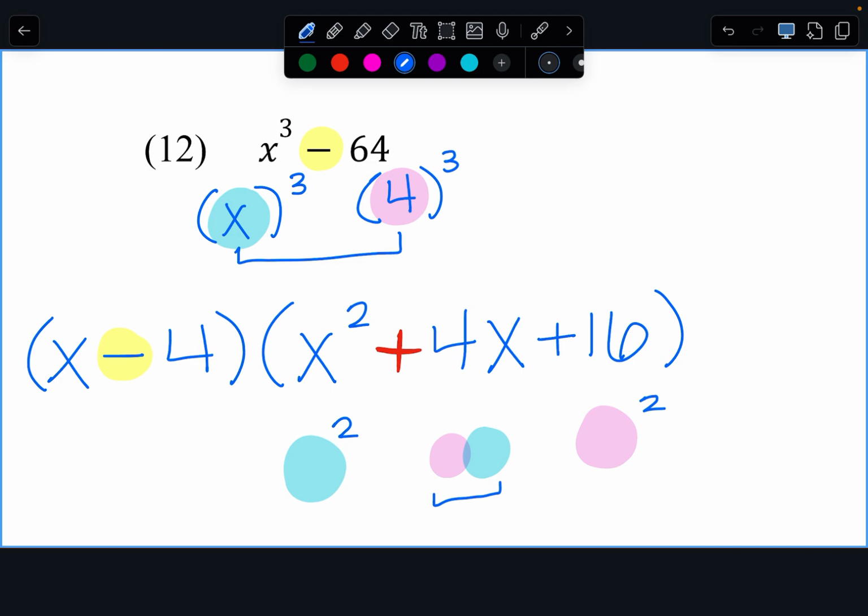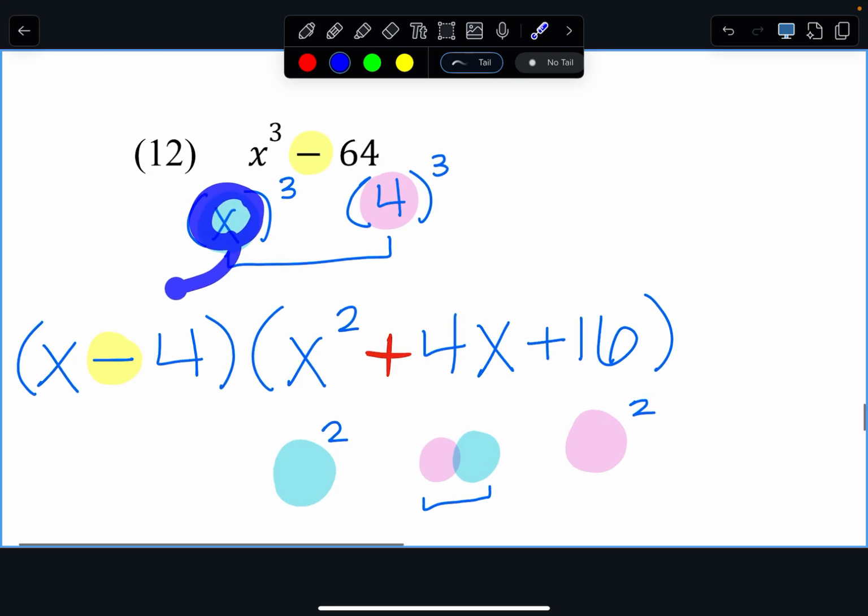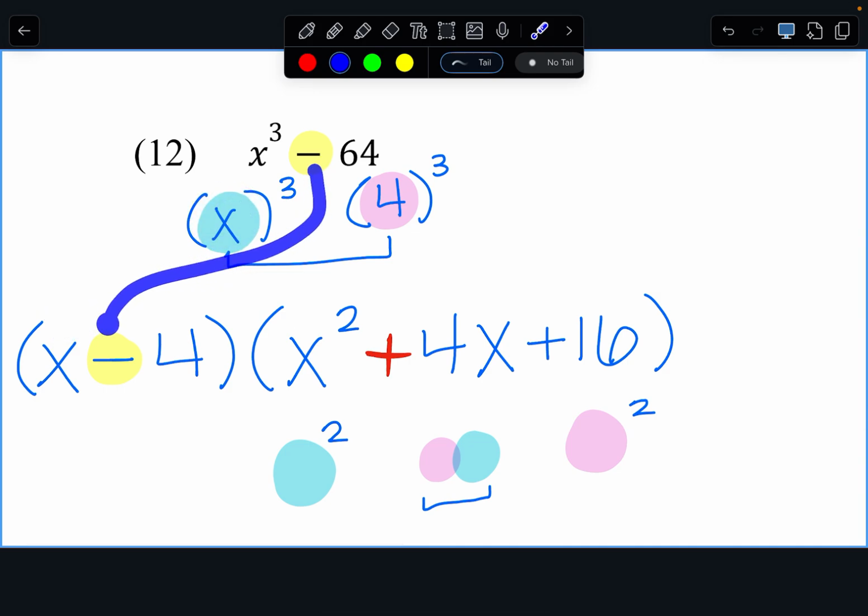Once I find that, I'm filling into this general formula. I'm taking this that was raised to the third power and putting it in the first part of my parenthesis. I'm taking the same sign and then this in the second part.